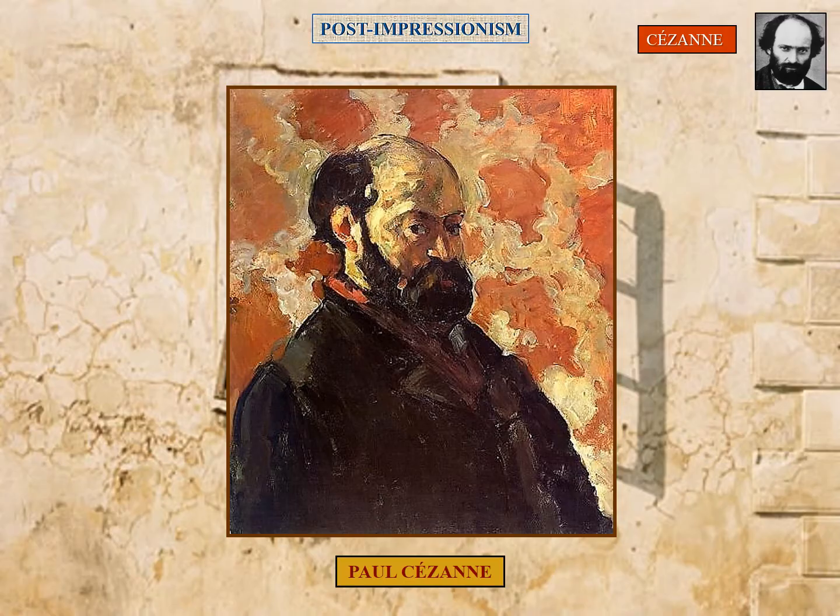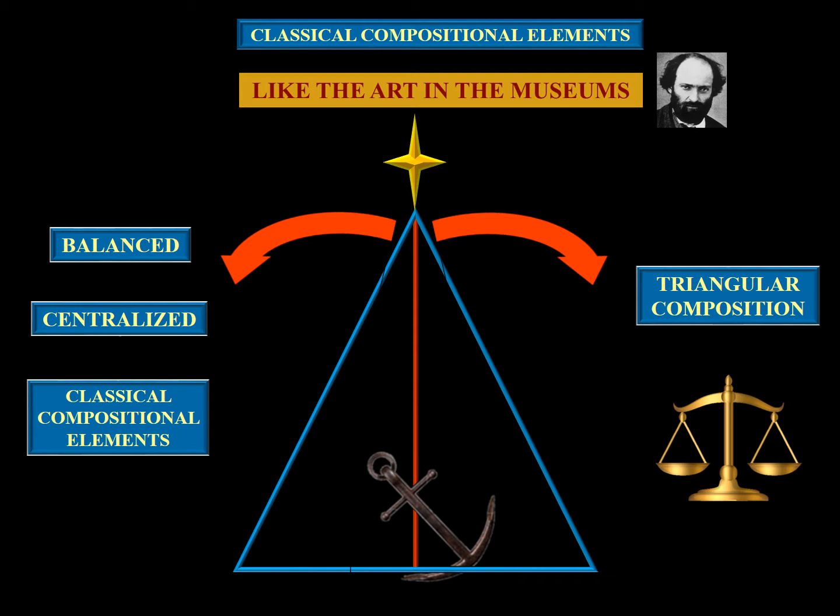If we think back to this guy, Paul Cézanne, he was the one of all the post-impressionists that really was far more classical minded. He wanted to use the language of impressionism towards the goals of the art in the museums. And one thing he truly favored was that triangular classical composition.